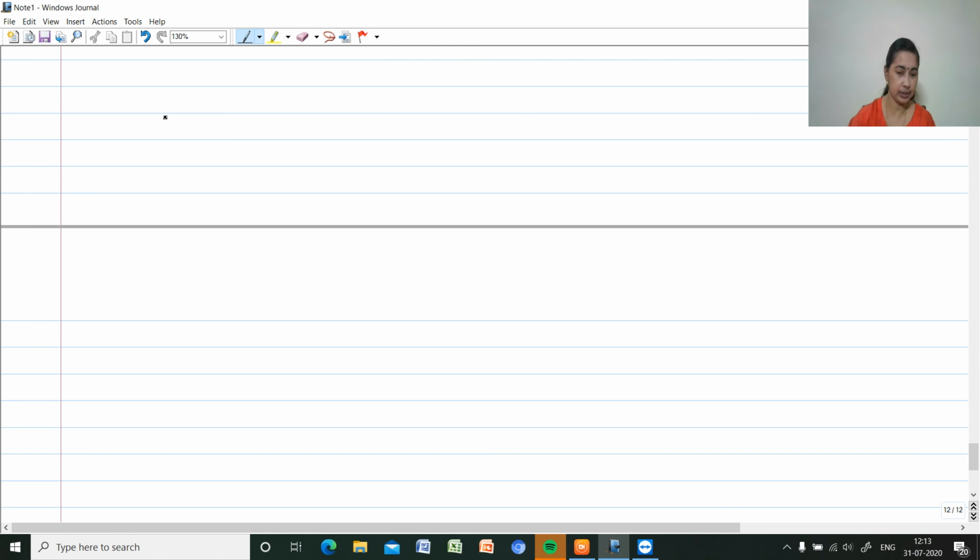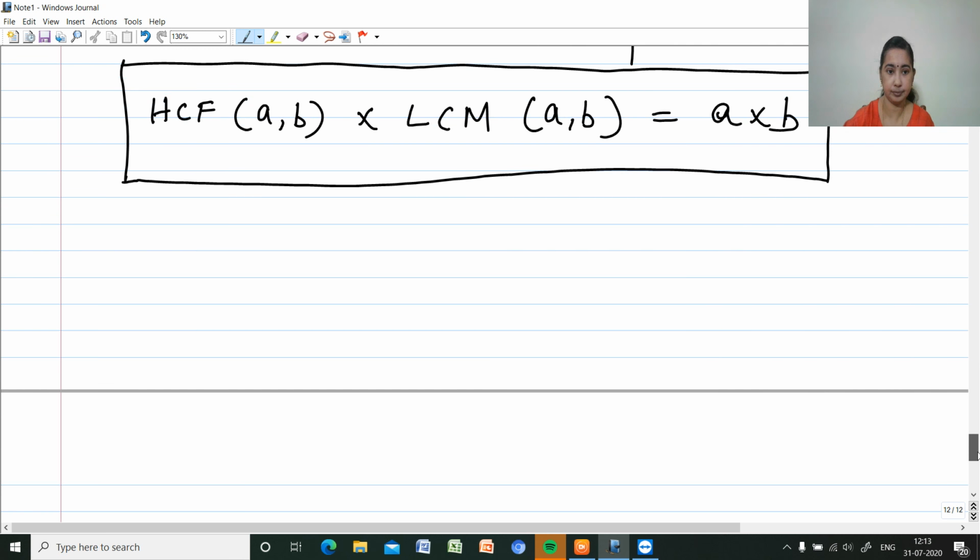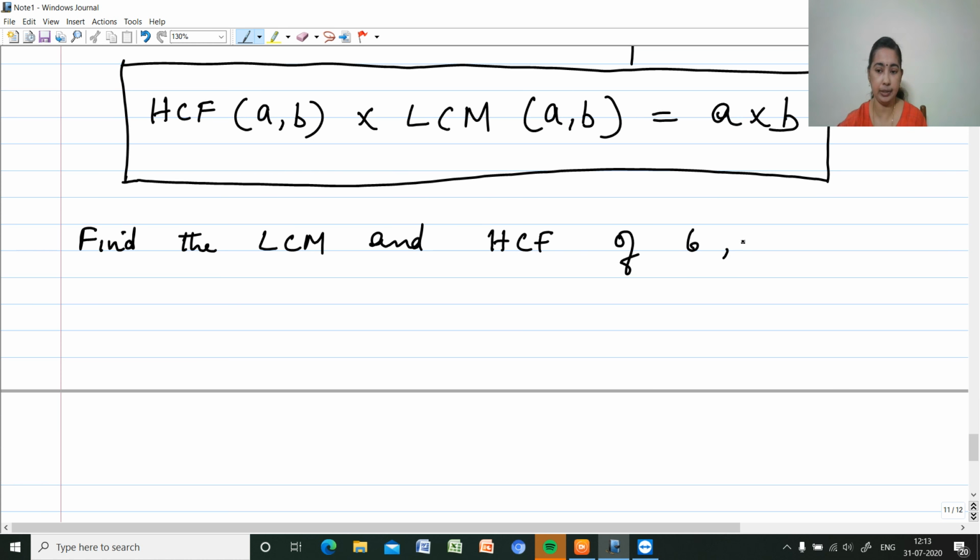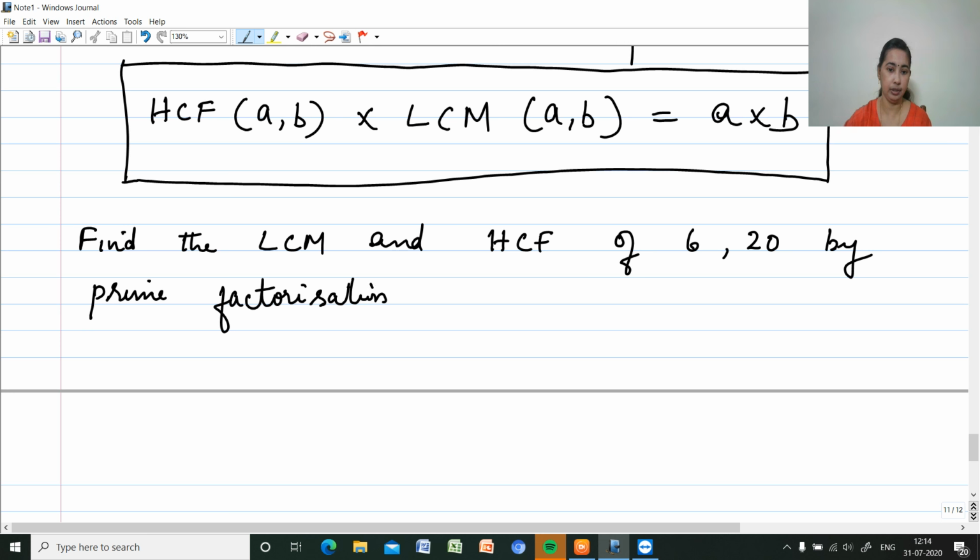Next question is, find the LCM and HCF of 6 and 20 by the prime factorization method.